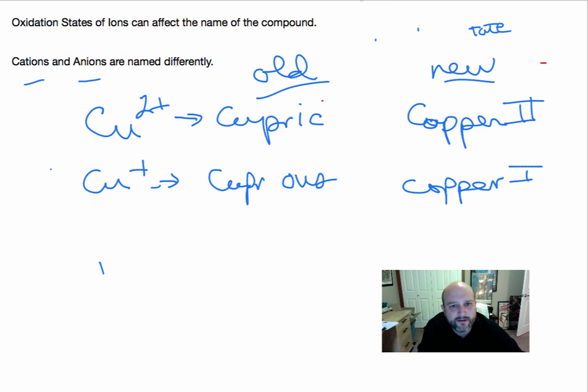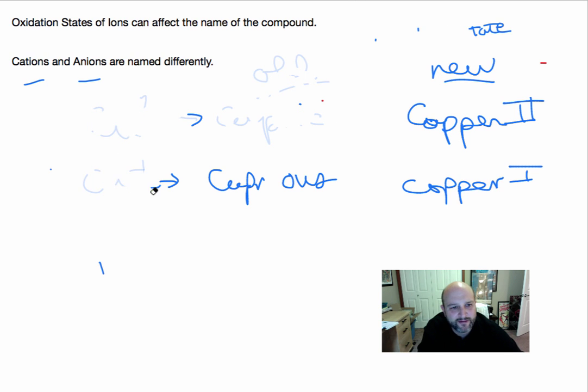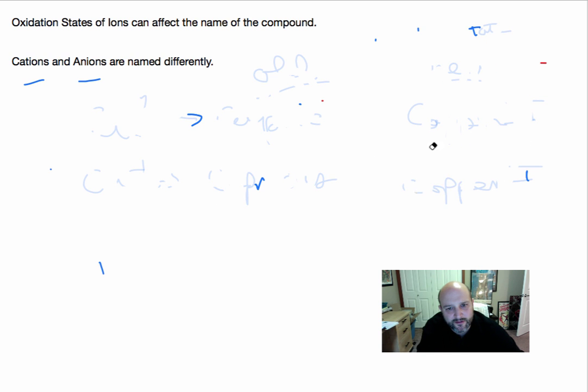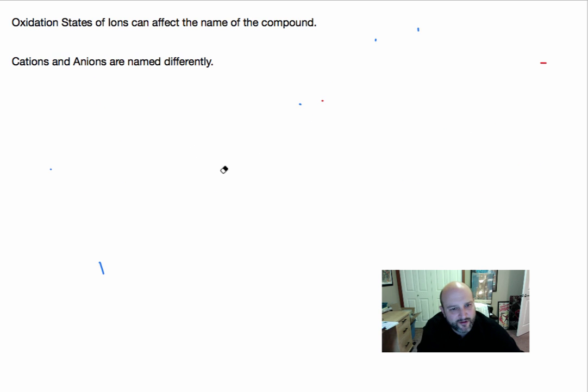Some other examples of these multi-oxidation state naming compounds: let's do iron. Iron also has a couple of oxidation states. There's iron 3 plus, and there's an iron 2 plus.